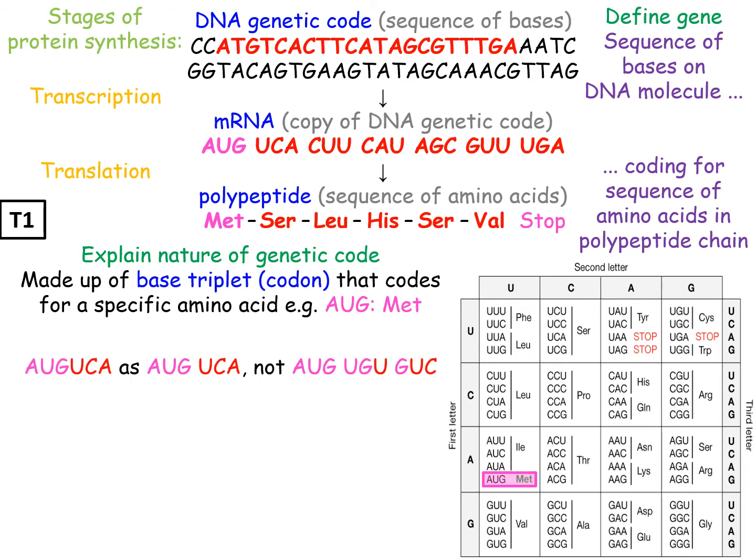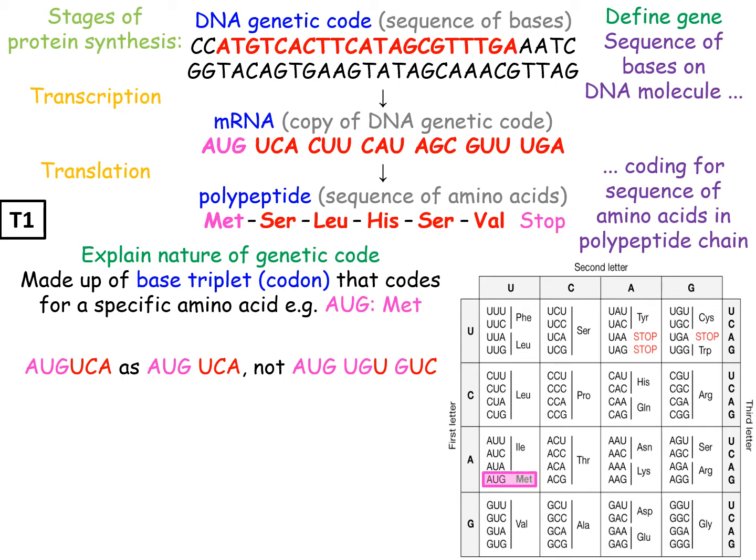Now if you look at how you read these codons on the genetic code, the first six bases are AUG UCA, and you'd read them AUG as the first codon and UCA as the next codon.